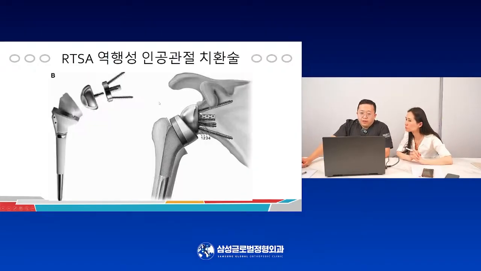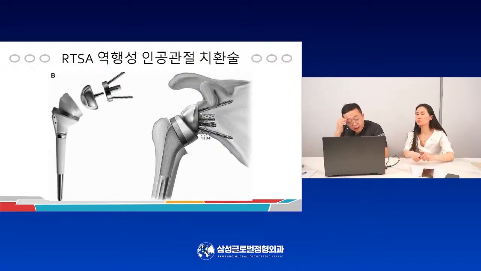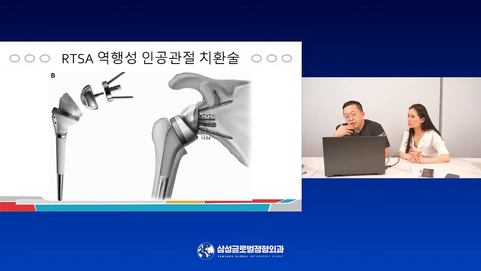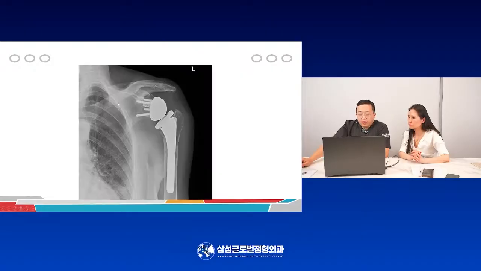So if the patient has a severe massive tear combined with an arthritic problem, many doctors should consider reverse total shoulder arthroplasty. It is a good treatment option, but the complication is reduced range of motion, especially in rotation.